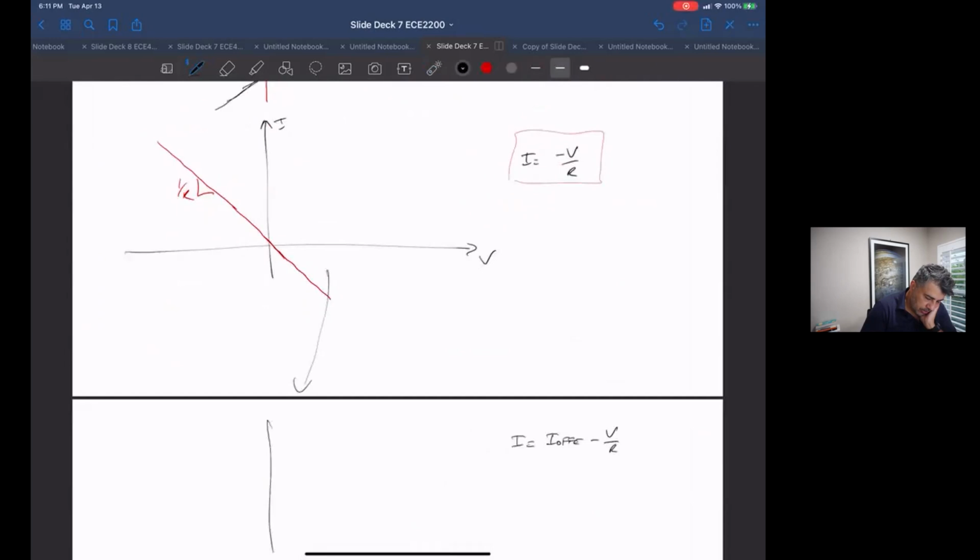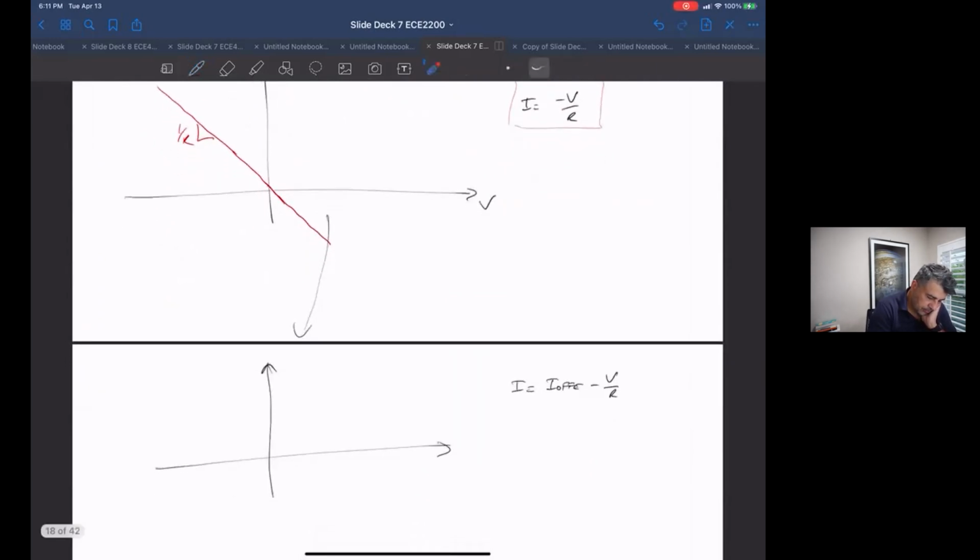I would move this guy and give it more of an offset.